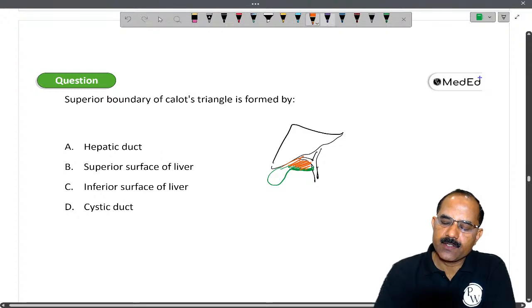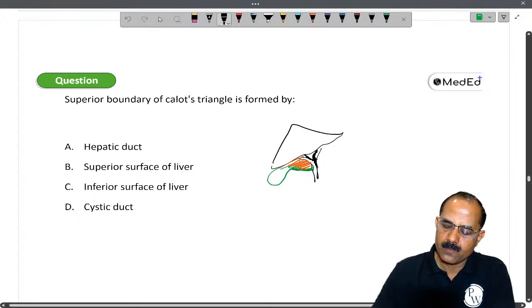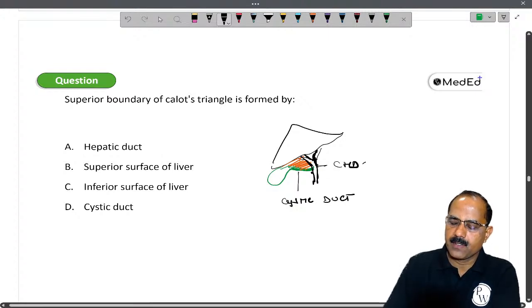So cystic duct, common hepatic duct, under surface of liver.